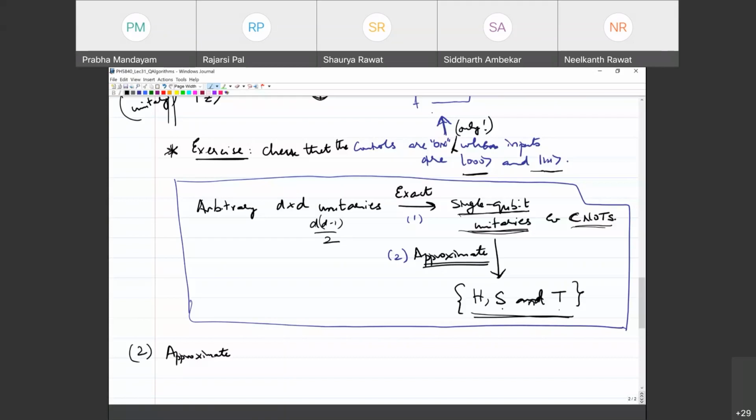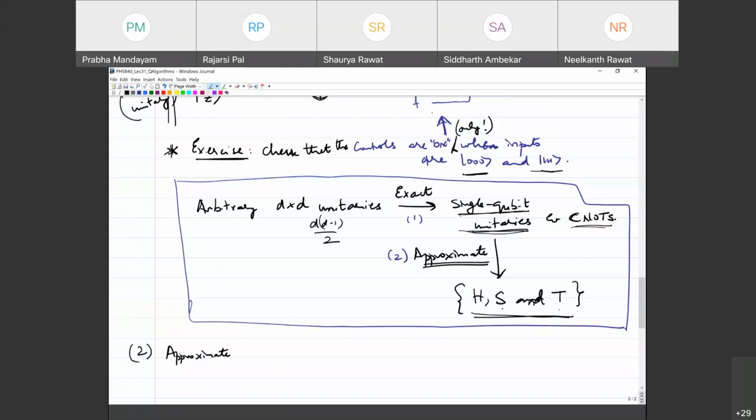And then you'll have to use some kind of pigeonhole argument, right? To say that you can get arbitrarily close. The approximate result also finally relies on some kind of rotations. But the angles, you have to get arbitrarily close to all kinds of angles, right? It's a continuous interval from 0 to pi or 0 to 2 pi.